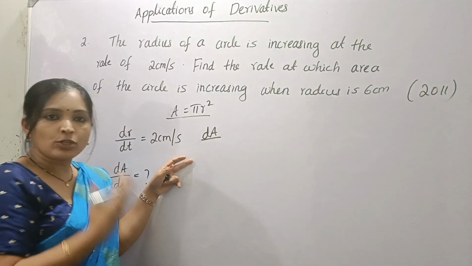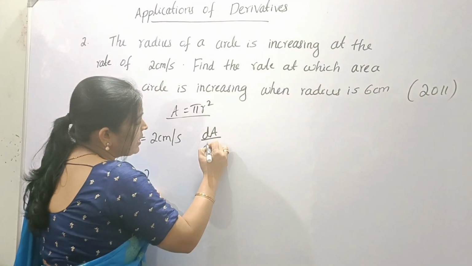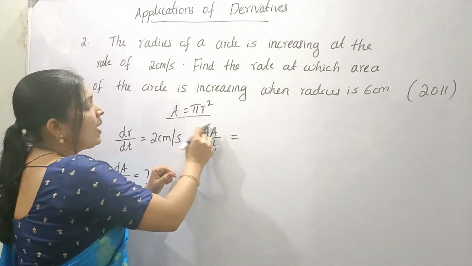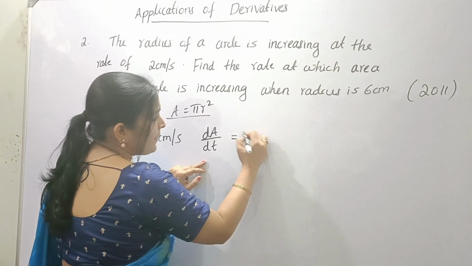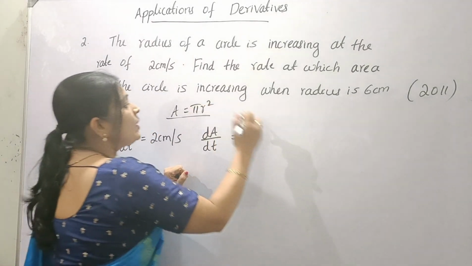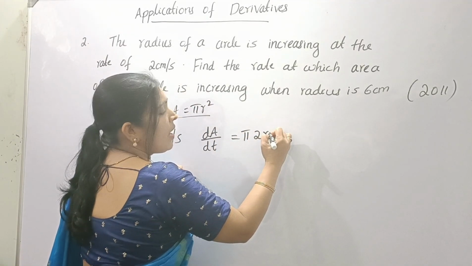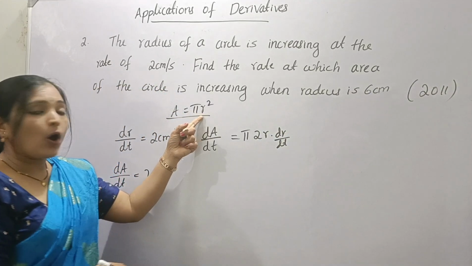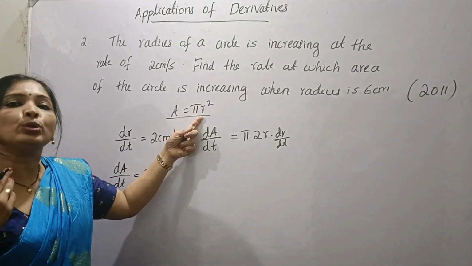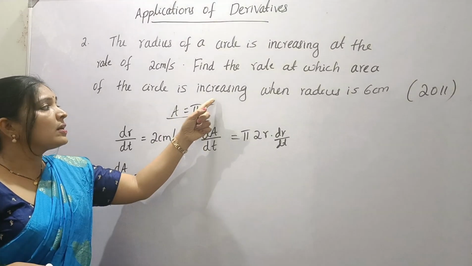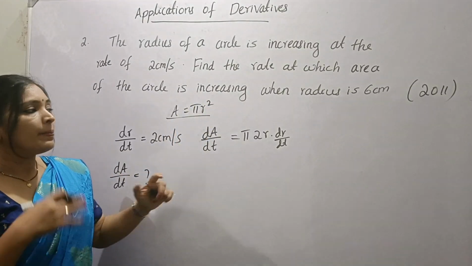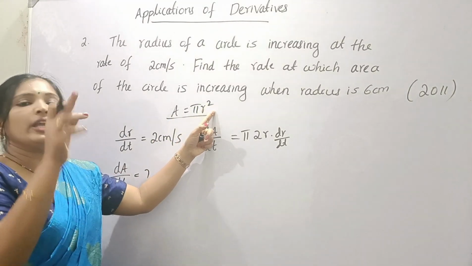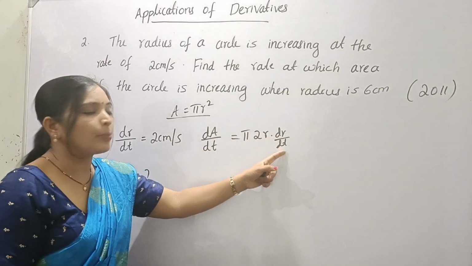So differentiating with respect to t, dA by dt is equal to, listen carefully, pi is a constant and 2r into dr by dt, because we have to differentiate with respect to t, not r. If it is r, it is pi into 2r, right? But it is with respect to t, therefore 2r into the derivative of r, that is dr by dt.